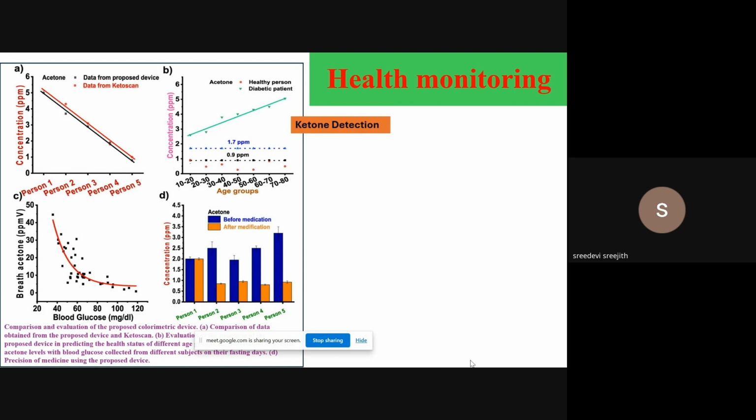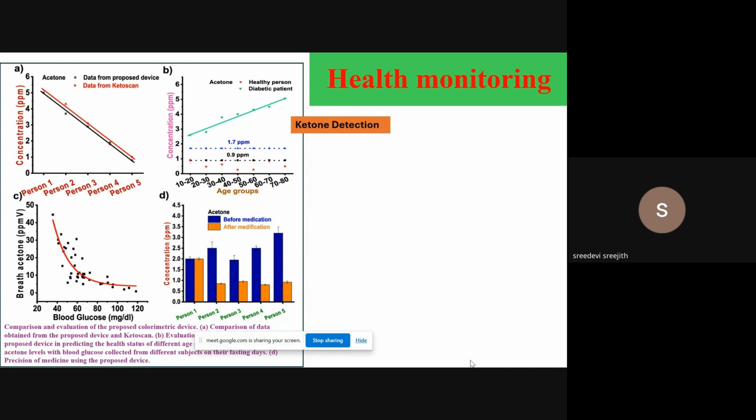The effect of ketone is that in type 1 diabetic patients, there is a possibility of variation of ketone level in the body. Usually in all people, we have ketones in the breath. Healthy people and diabetic people have different ketone levels in their breath. So this developed colorimetric sensor is able to detect the ketone present in the breath.